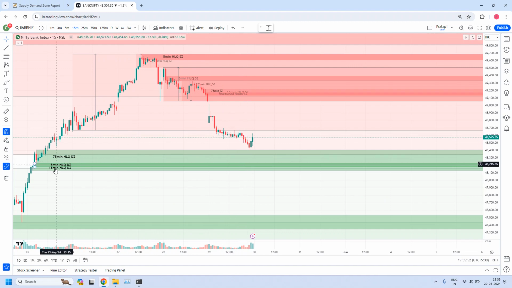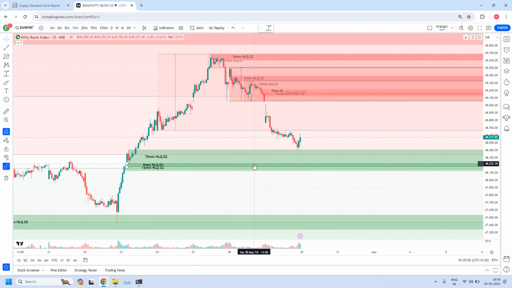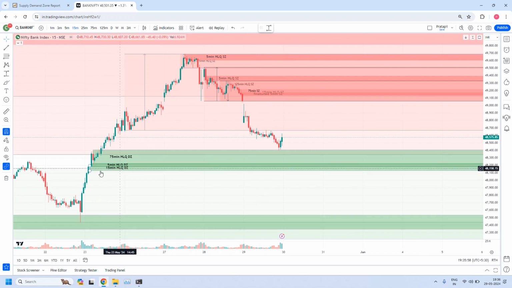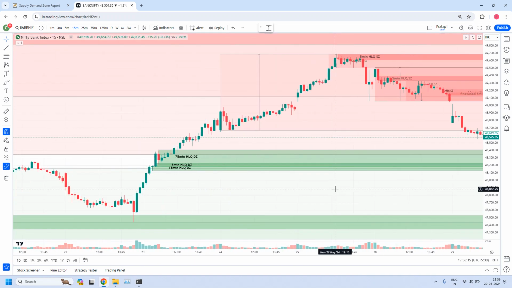Have we drawn that? Here we have already drawn it. The 15 minutes high liquidity demand zone has confluence with the 75 minutes high liquidity demand zone. But the 15 minutes demand zone is below the 75. There is a 5 minutes high liquidity demand zone acting as a bridge between these two zones. This is what we discussed earlier.